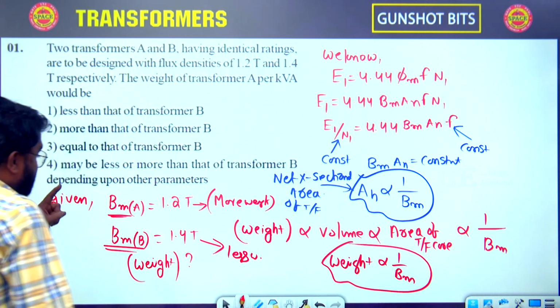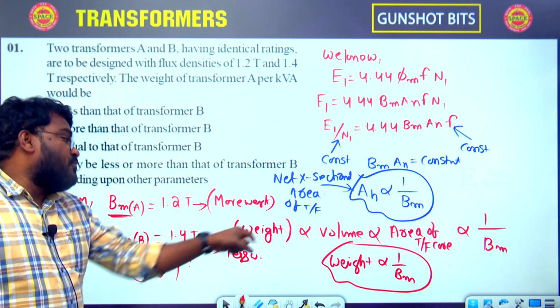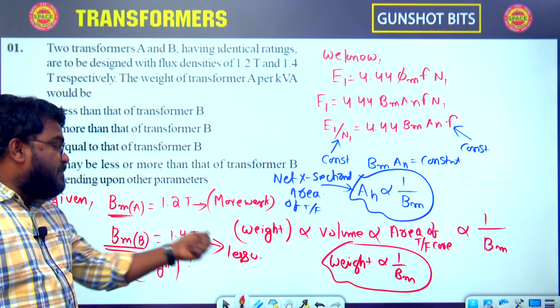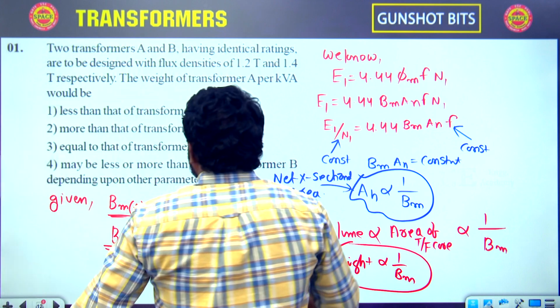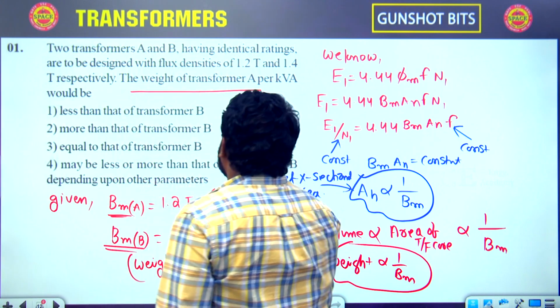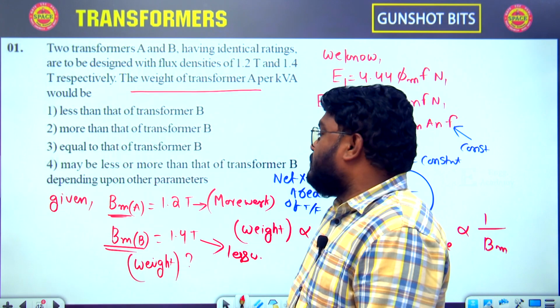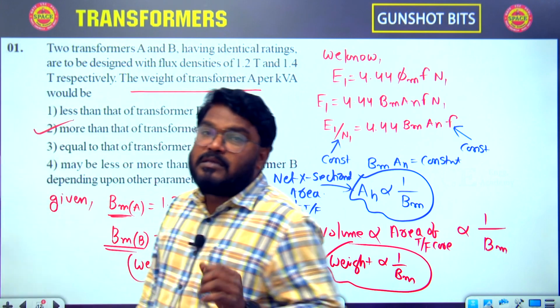The transformer which has low flux density will have more weight, and the transformer which has high flux density will have less weight. So the answer for this question is that the weight of transformer A per kVA would be more than that of transformer B. Option 2 is correct.